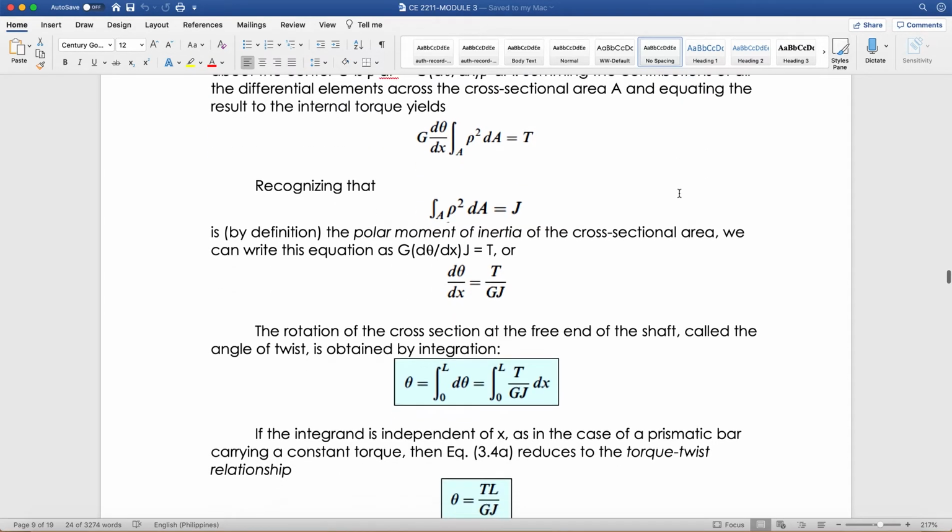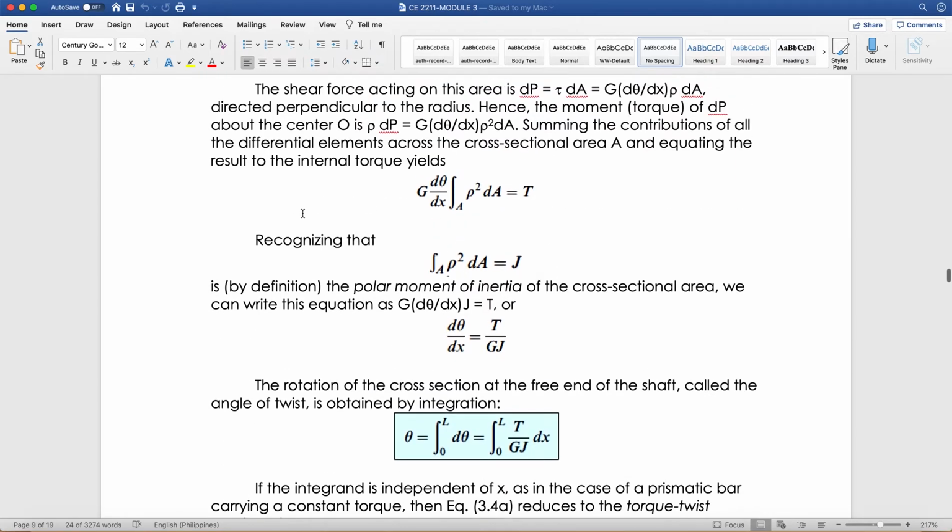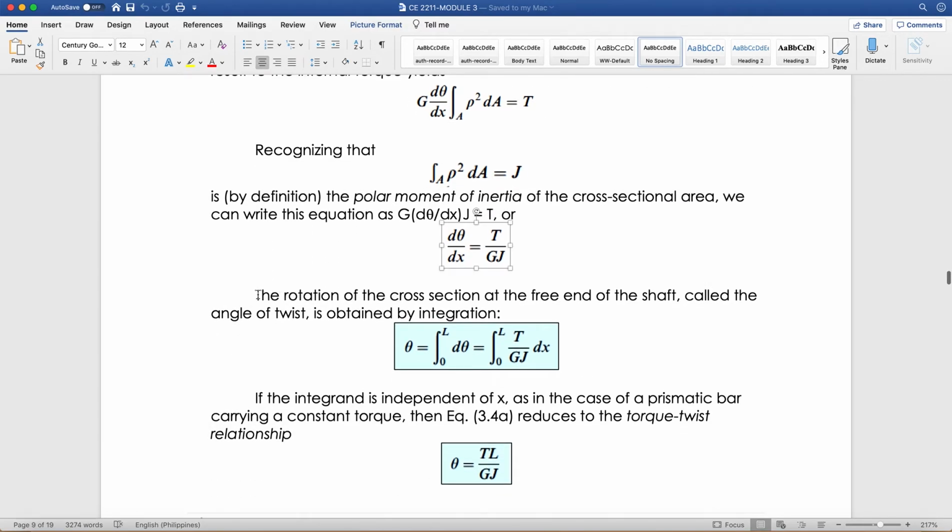Okay, so this is the derivation of our equation. The rotation on the cross-section at the free end of the shaft, called the angle of twist, is obtained by integration. Okay?